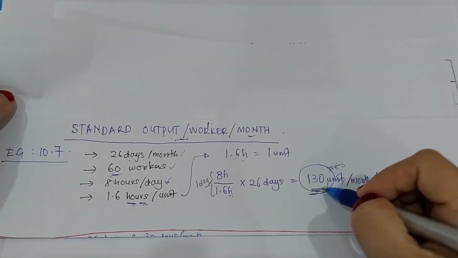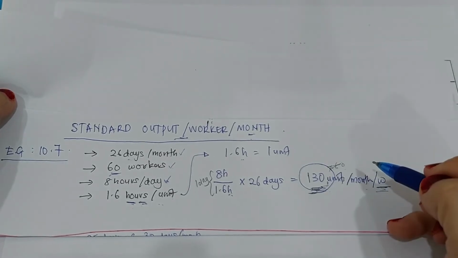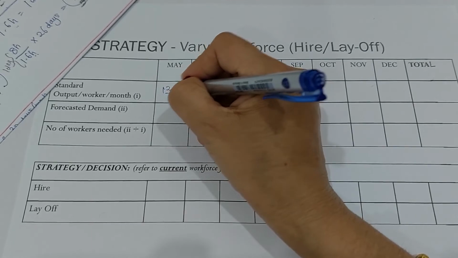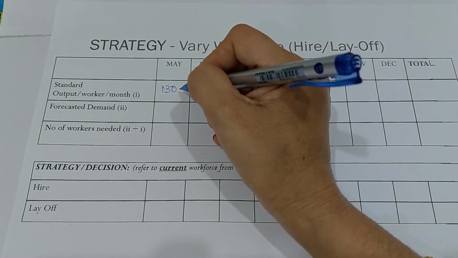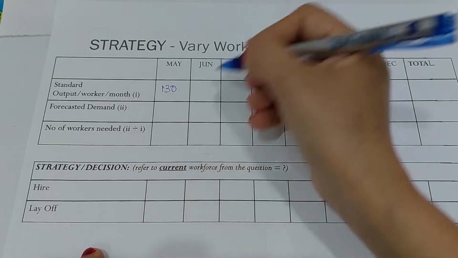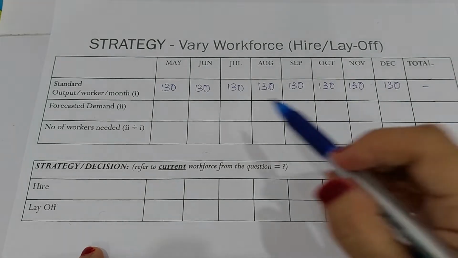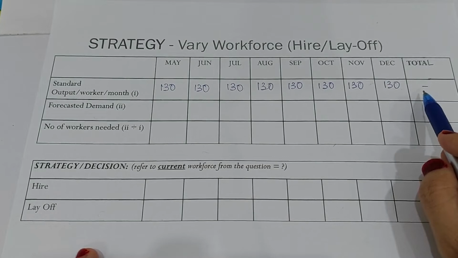So 130 units will be transferred to the template. This is the standard output that one worker can produce in 1 month. So you just write 130 units for every month. As for the total, you just leave it blank.